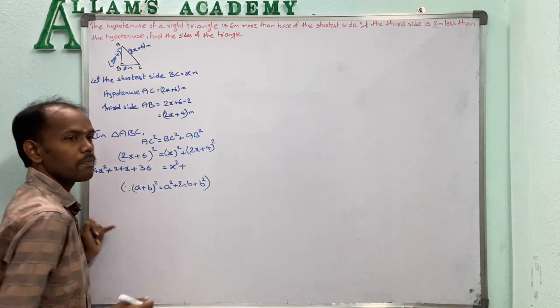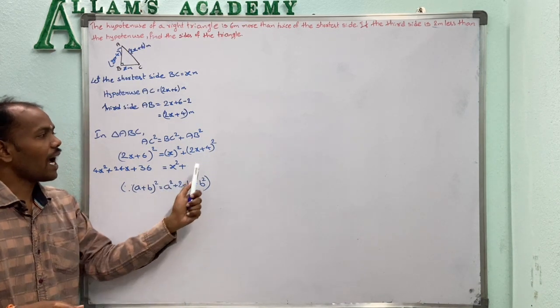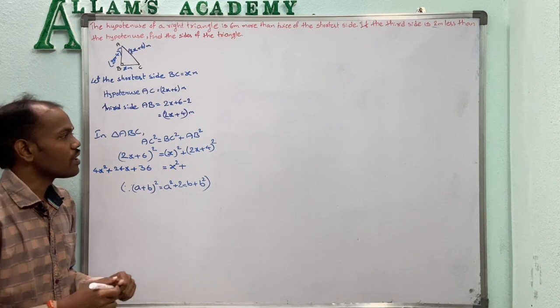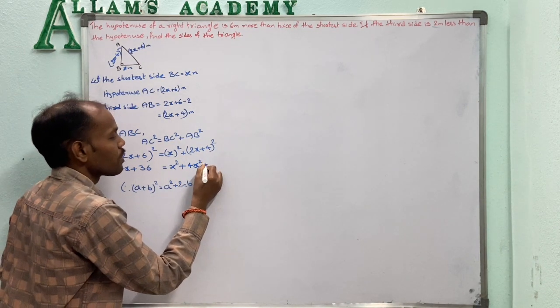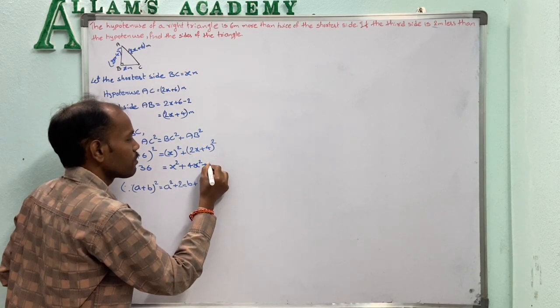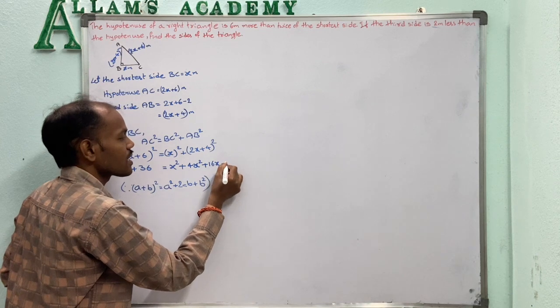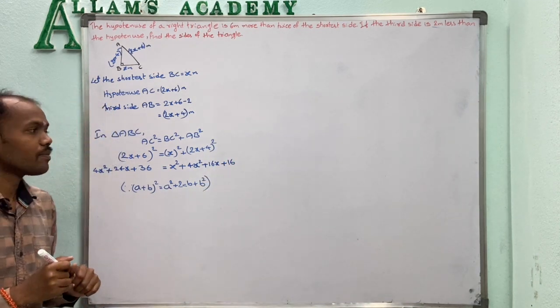Now in (2x plus 4) whole square, 2x is a and b is 4. So (2x) whole square means 4x square, plus 2 into 2x into 4, that is nothing but 16x, plus 4 square, that equals 16.